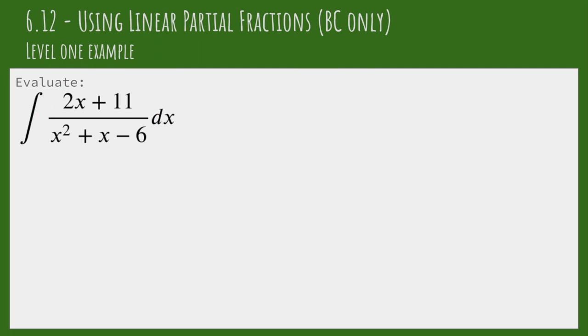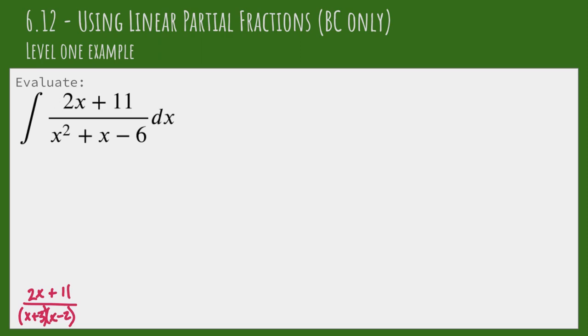So I'm going to do some side work here, down at the bottom. 2x plus 11 over x squared plus x minus 6 is the same thing as x plus 3 times x minus 2.